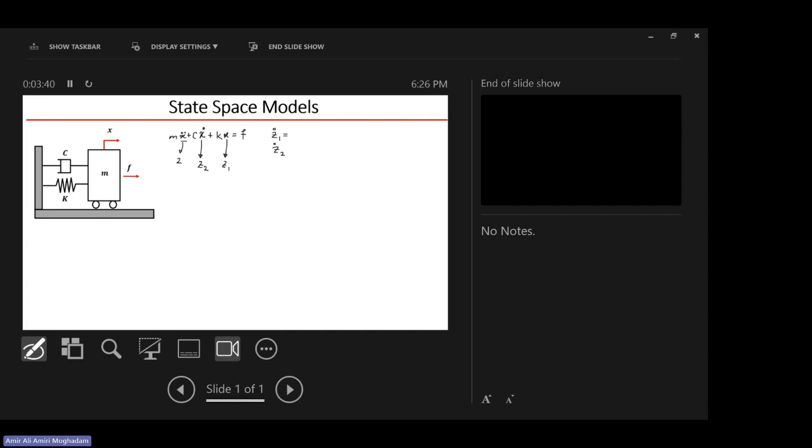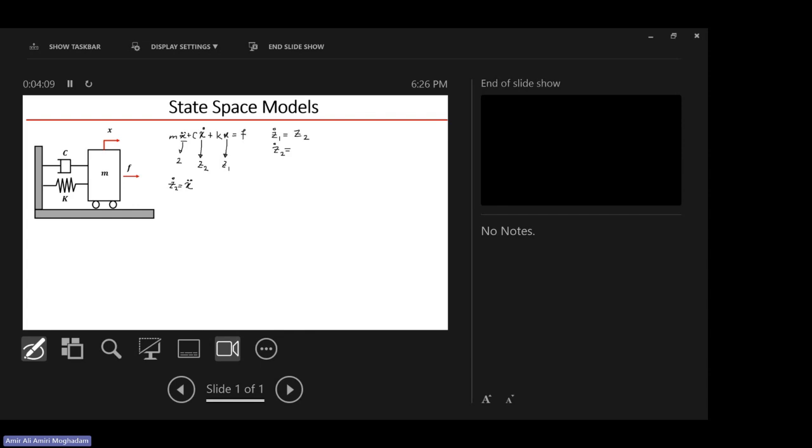Therefore, z1 dot is x dot. However, x dot equals z2, so I can write down here z2. But what about z2 dot? Because z2 equals x dot, z2 dot is going to be x double dot.